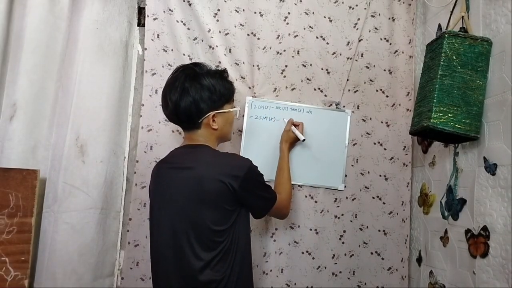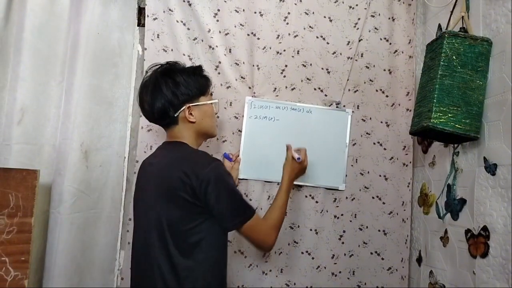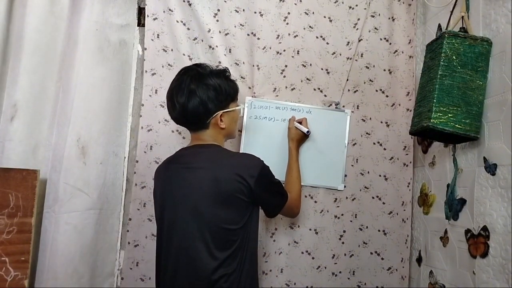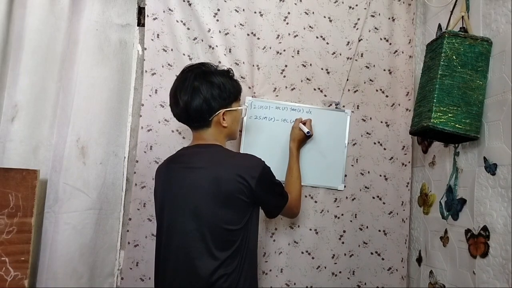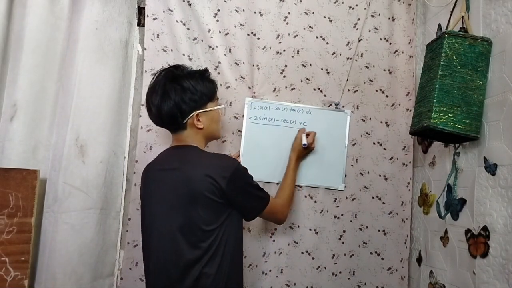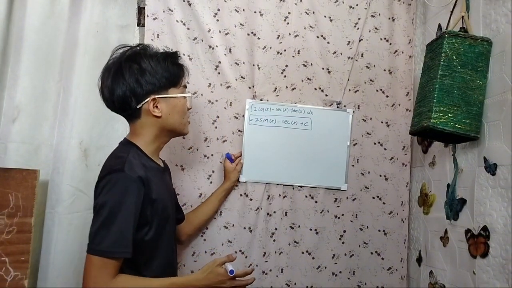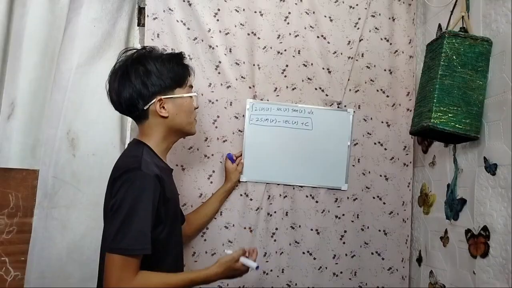Then the integral of secant x tangent x is secant x, plus c. So this is the final answer: 2 sine of x minus secant of x plus c.